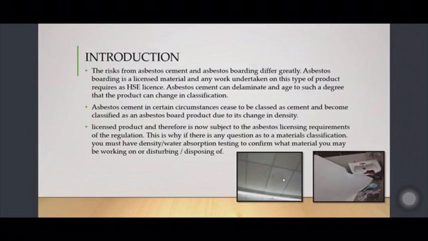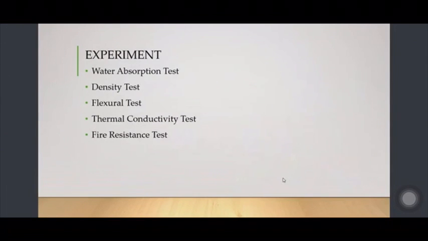This is why if there is any question as to a material's classification, you must have density water absorption testing to confirm what material you may be working on or disposing of. This is the experiment used for the ceiling.